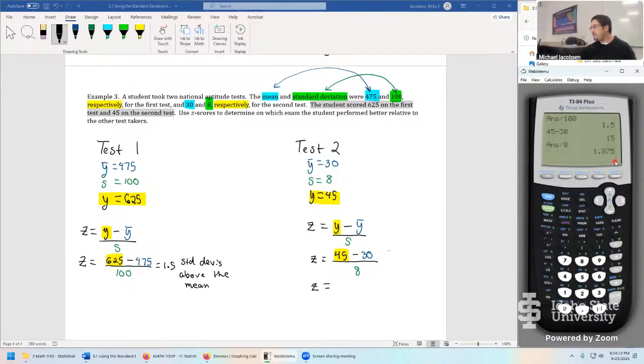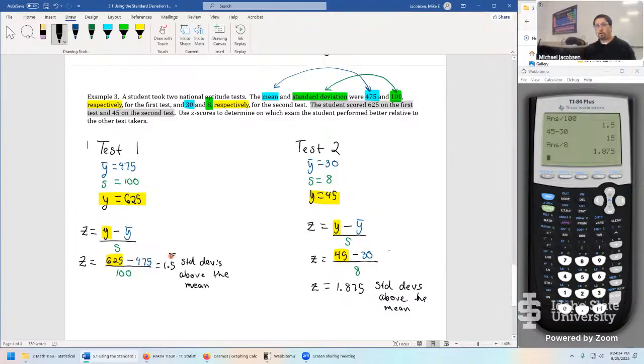And this is 1.875 standard deviations above the mean. That's not quite unusual, but it's starting to get borderline unusual. That was a really high score.